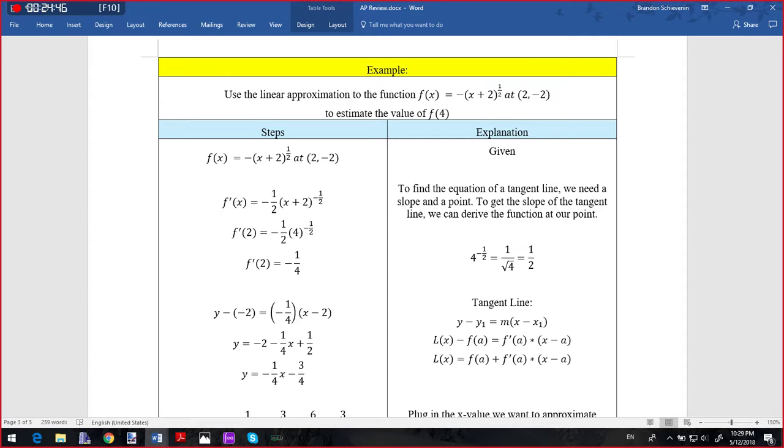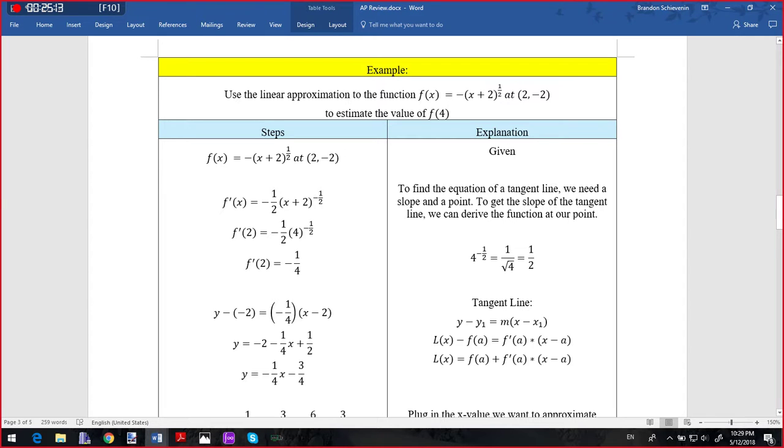To get an equation of a tangent line, I need a point and a slope. Since we already have a point, 2, negative 2, I just need to derive this and then plug in my x value to get the slope at the point. So if I derive our function, I'm going to multiply by 1/2, decrease the power by 1, so I get negative 1/2, and then multiply by the derivative of the inside, which is 1. So that gives me this.